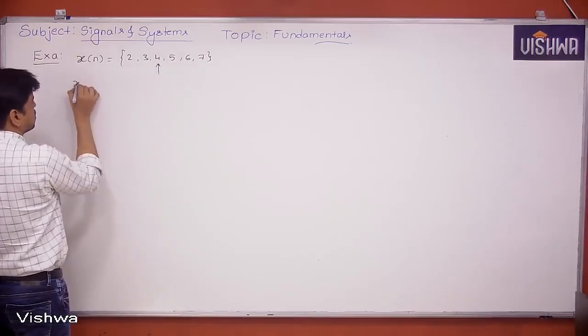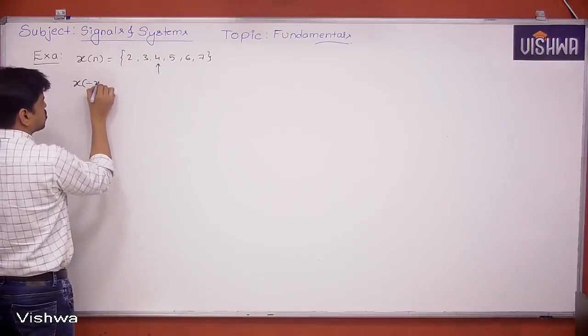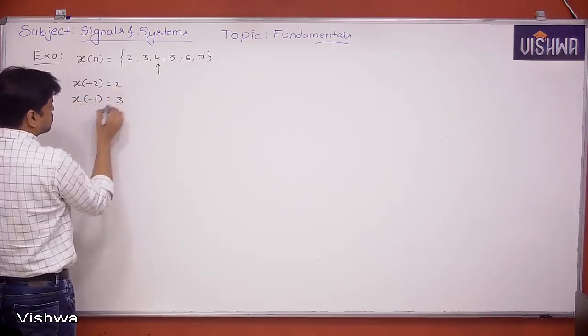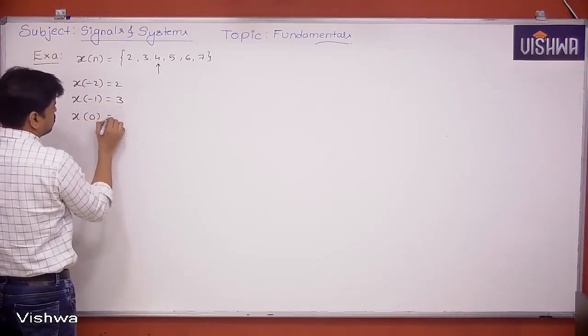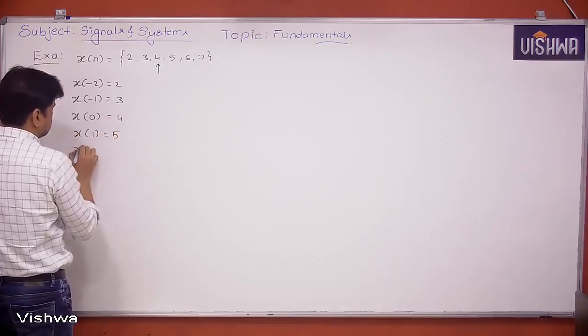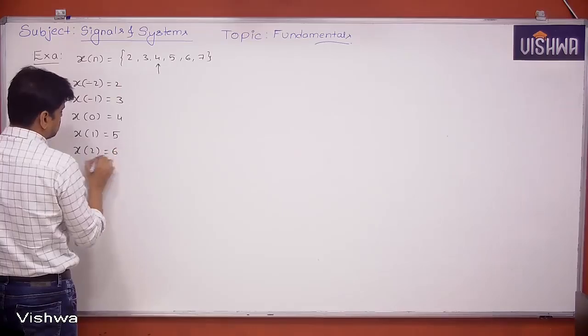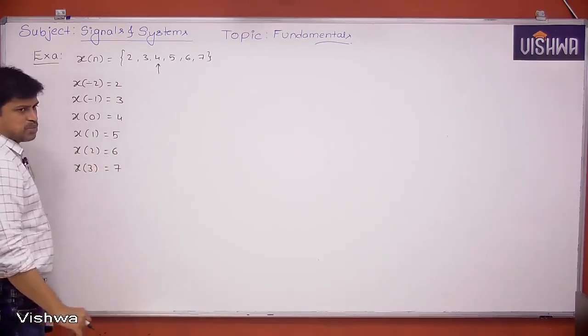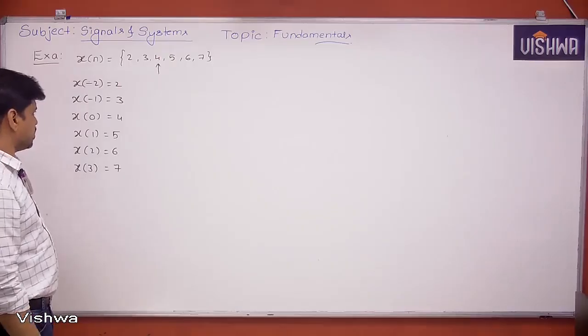So x of -2 is 2, x of -1 is 3, x of 0 is 4, x of 1 is 5, x of 2 is 6, x of 3 is 7. These are the samples we know.